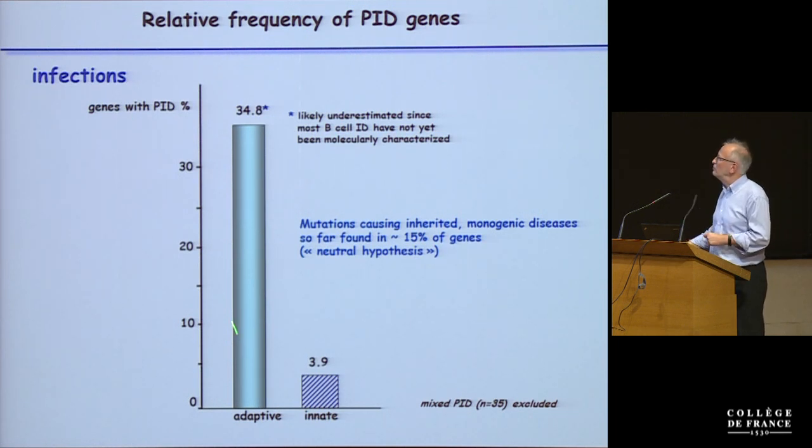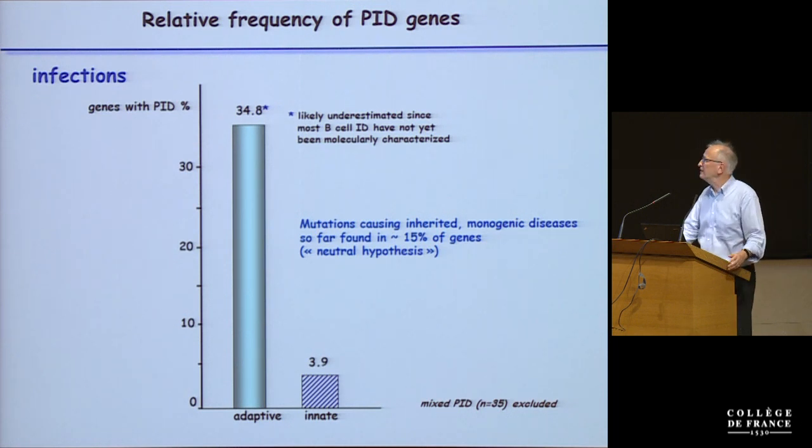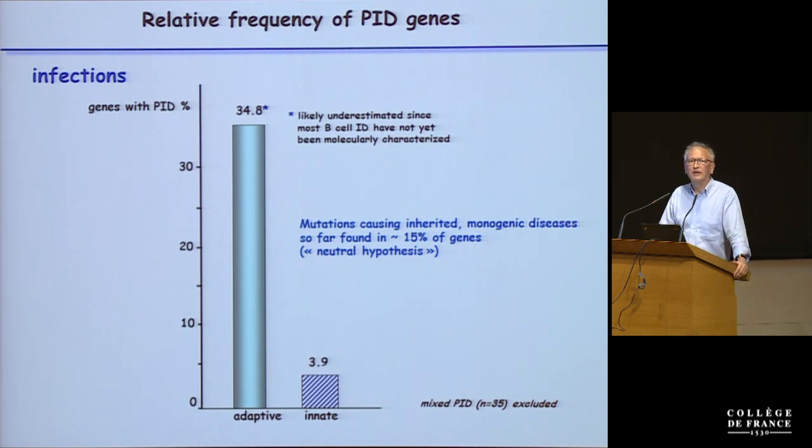Among the adaptive immune genes, more than 1/3 of them have been found mutated, and this is likely extremely underestimated because today there are still many, many individuals who have hypogammaglobulinemias, namely a defect in B-cell immunity, which is adaptive immunity, and for those individuals we don't know yet what is the gene and the molecules that are abnormal.